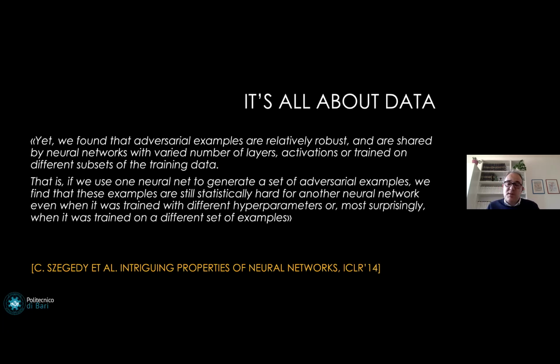This is one of the first papers on the topic, published in 2014, and the message is quite strong, because they say that adversarial examples are relatively robust and are shared by neural networks with varied number of layers, activations, or trained on different subsets of the training data.